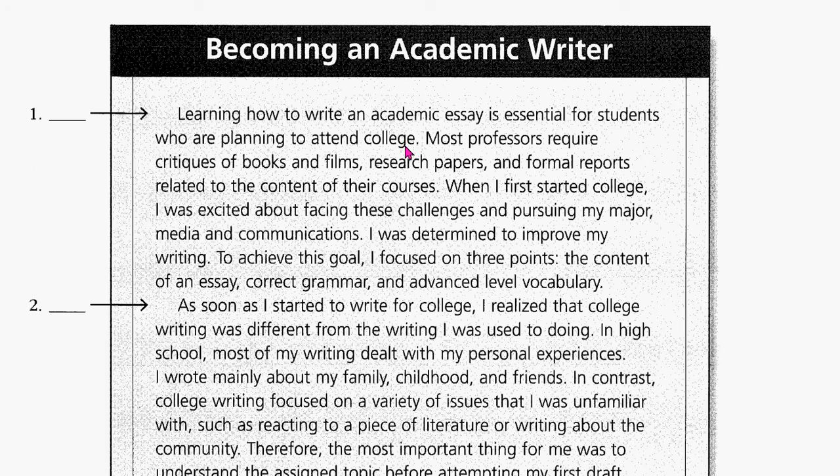So for example, an interesting way to start this kind of essay would say that there are many companies that make a lot of money by helping students write their essays. So that gets people's attention. We're not going to explain about those companies, but we're going to get into that topic of writing our essays.